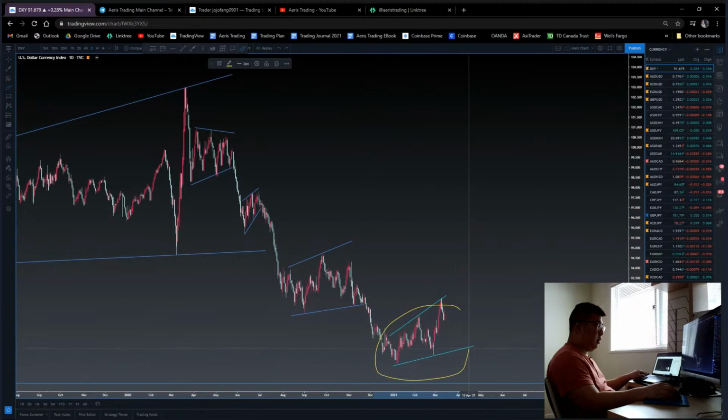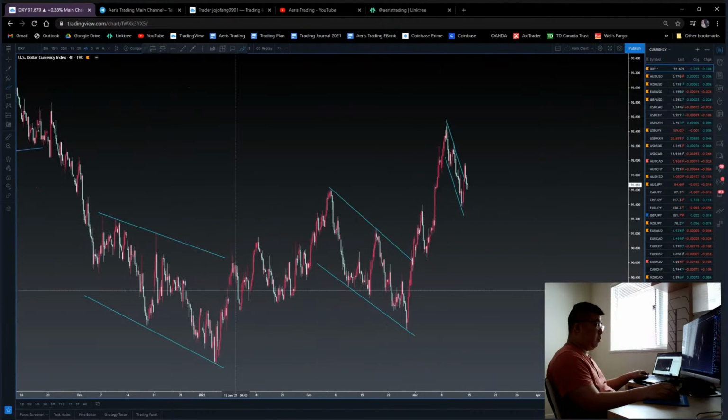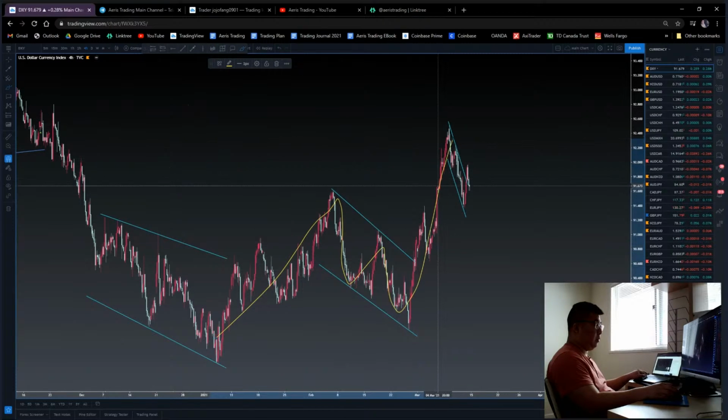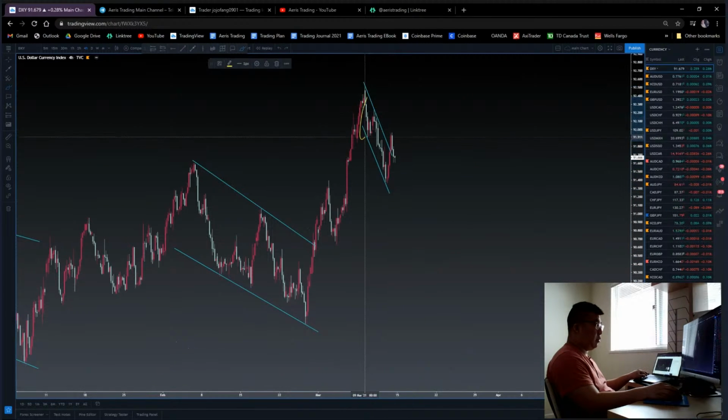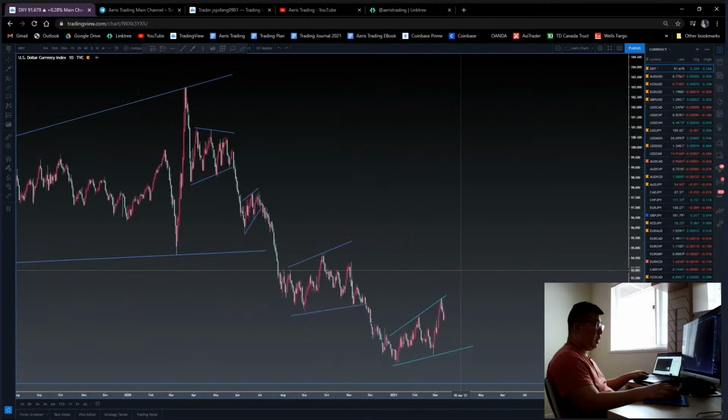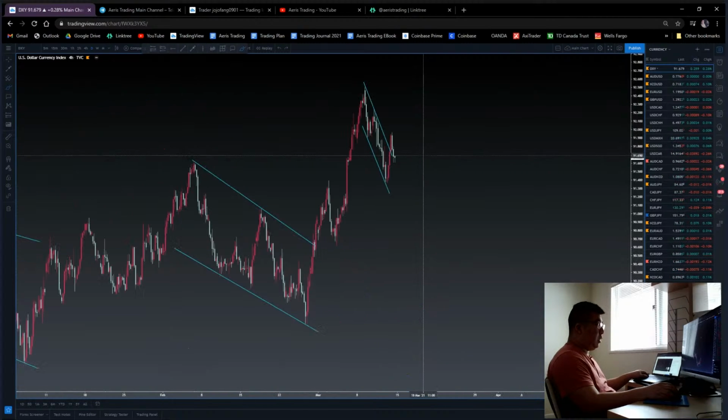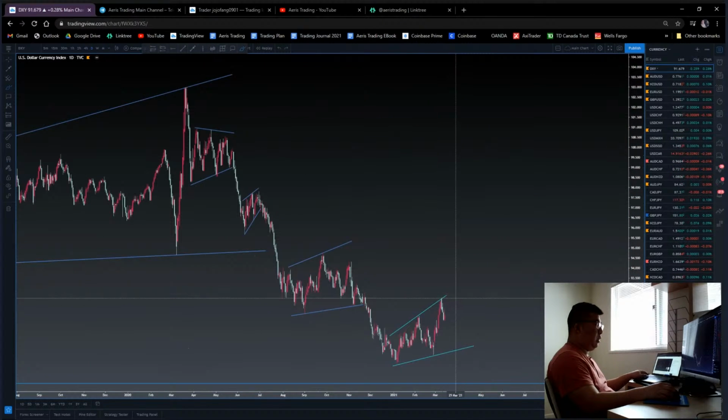On the lower time frame, I mentioned this can be a flag correction, and we could potentially go higher. When we see contradicting patterns on the lower time frame versus the higher time frame, it's best not to guess. Either the bullish outlook plays out, or if we see some sort of rejection and fall, then the higher time frame outlook plays out.